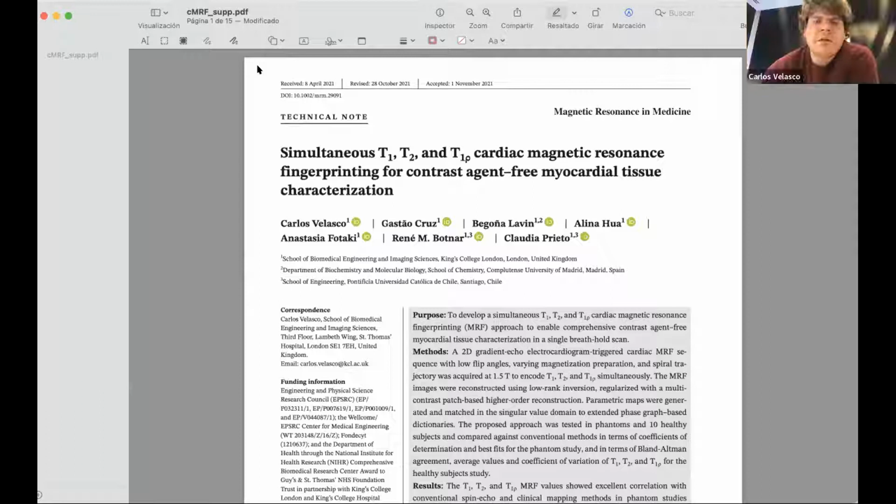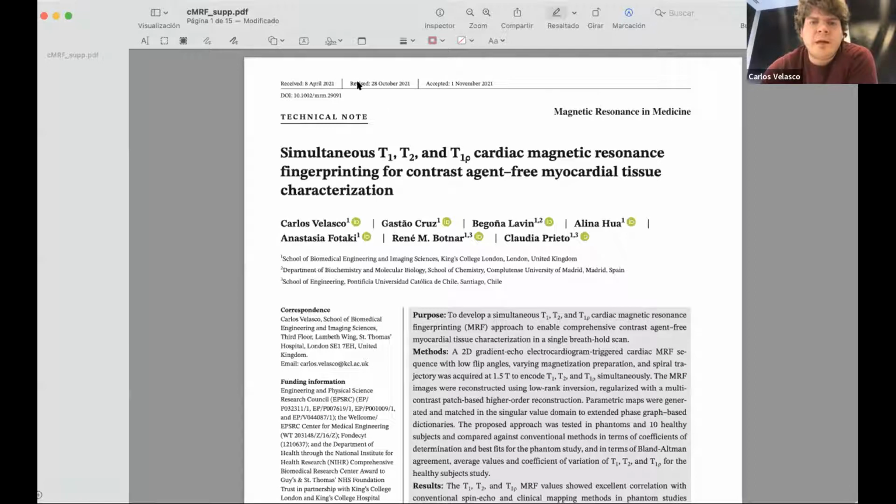Yes, I think there are already some results on clinical subjects where we can spot the difference between a healthy subject and a diseased myocardium. And especially in the case of focal lesions, we have seen different T1 or T2 values in the region. So if we compare, for example, the remote to the diseased tissue, MRF has enough accuracy or precision to show the difference.